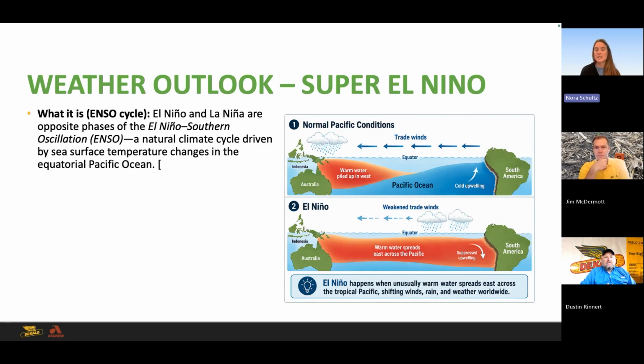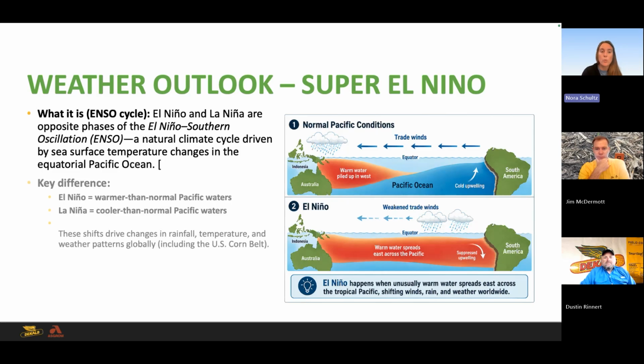You're like, why does this matter to me? The temperature that we see off of the western edge of South America can really impact world weather. It impacts the trade winds and where the jet stream sets up. It can even impact hurricane season in the Caribbean, because of where those systems all develop and start moving.